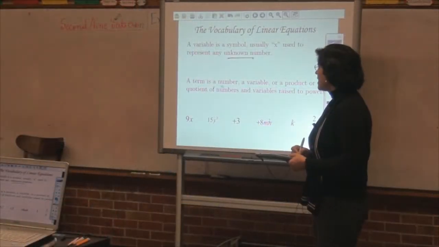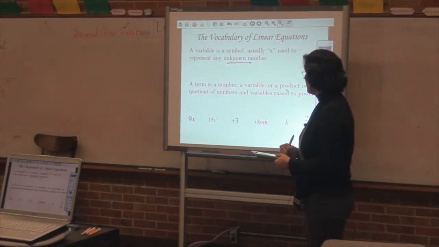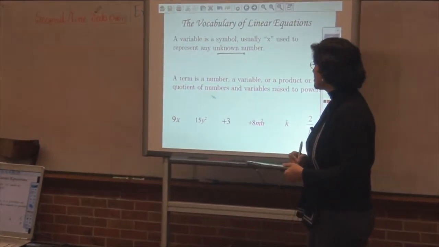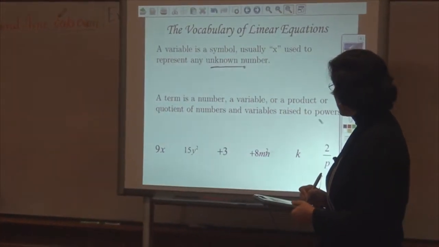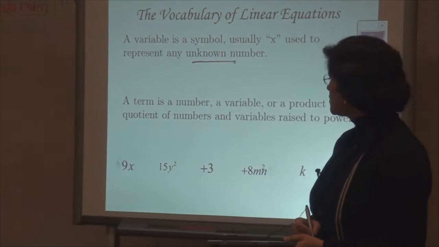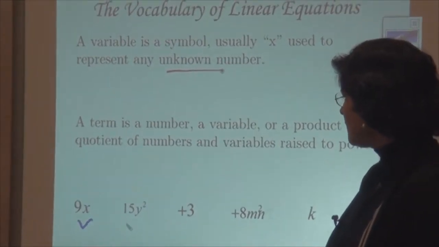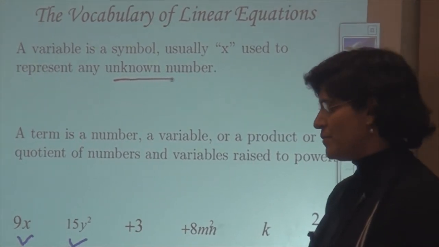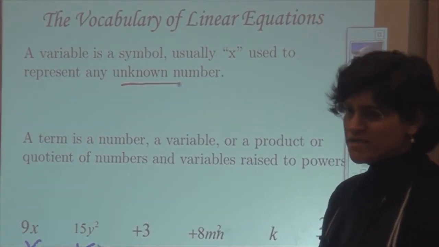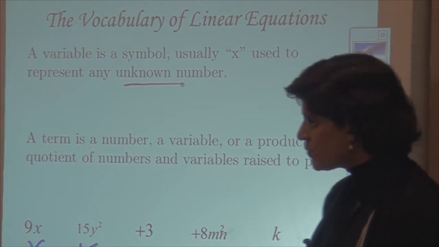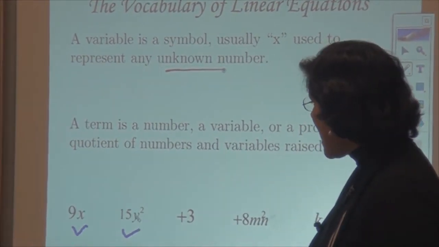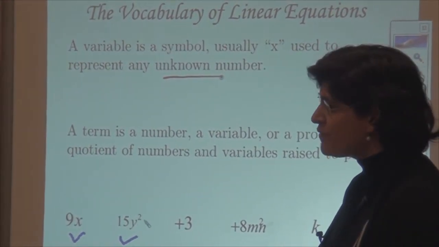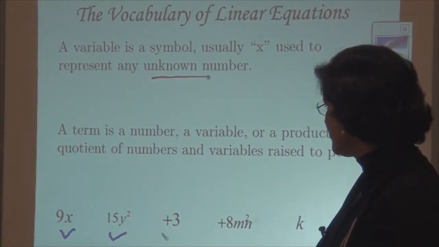Now, what's a term? A term is a number, a variable, or a product or quotient of numbers and variables raised to powers. So all these are examples of a term. 9x is a product of a number and a variable. 15y squared is also a product of a number and a variable that has a power, and here the power is 2.